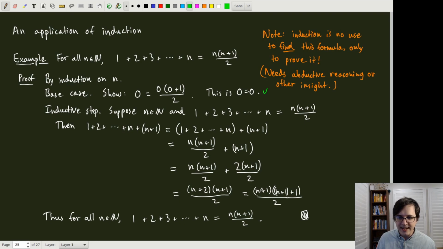And then we see that we get the successor of n times the successor of n plus 1 over 2 on the right side, which is substituting s of n for n. So that proves the induction step. And so by induction, for all n, the formula holds. And so that's that.